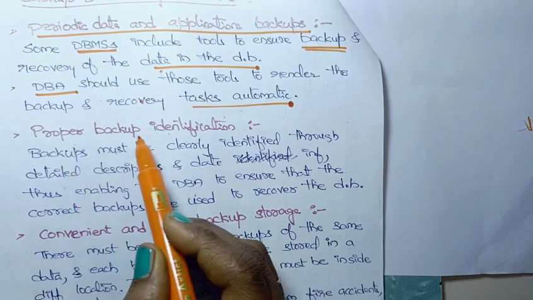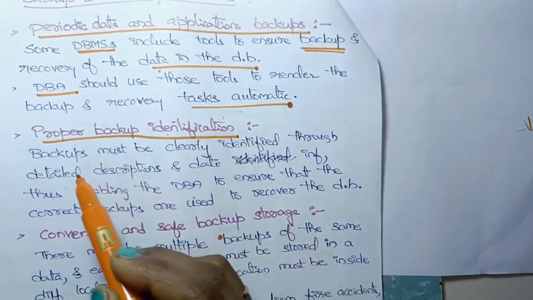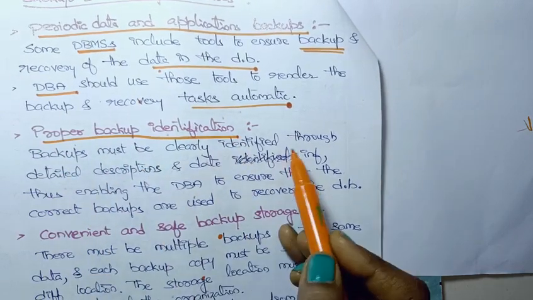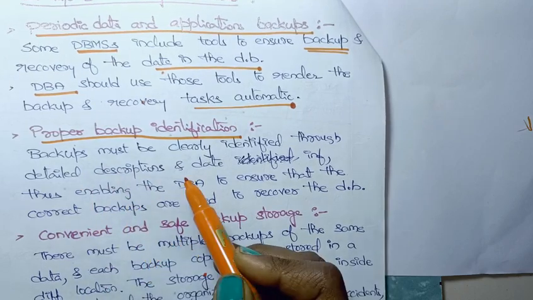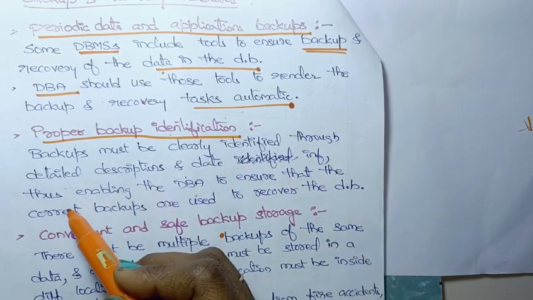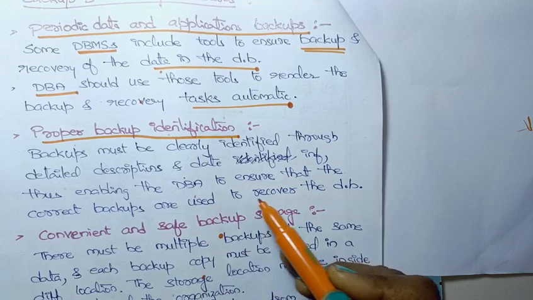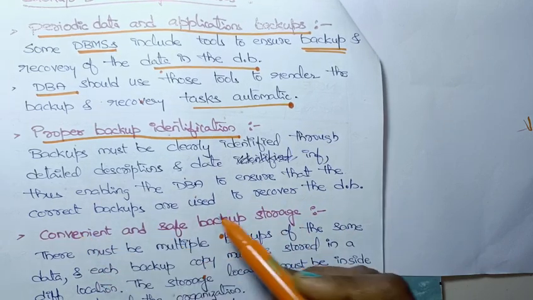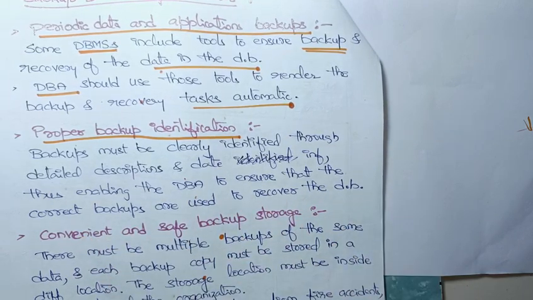Next one, proper backup identification. Backups must be clearly identified through detailed descriptions and date information, thus enabling the DBA to ensure that the correct backups are used to recover the database.